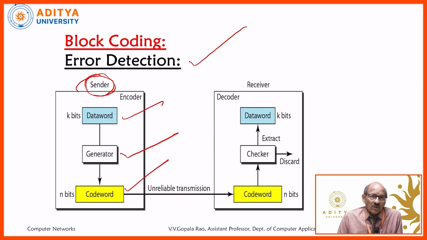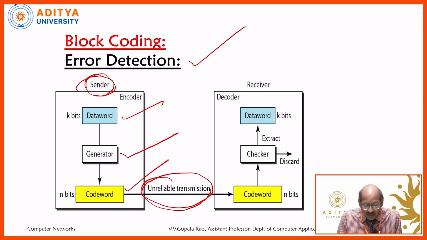So the data word is turned into a code word by adding extra bits, and those extra bits can be called redundant bits. Now that code word is transmitted to the receiver using an unreliable transmission medium. Because it is unreliable, there is a possibility of getting an error in the overall transmission. That is why I am particularly pointing out that it is an unreliable transmission.